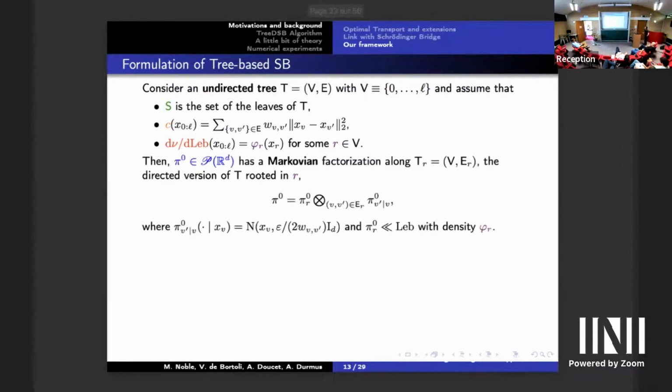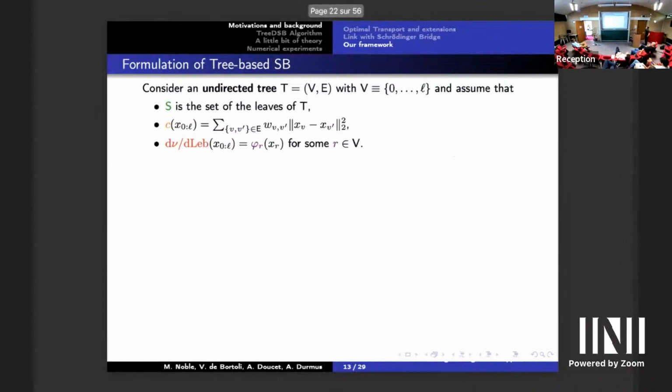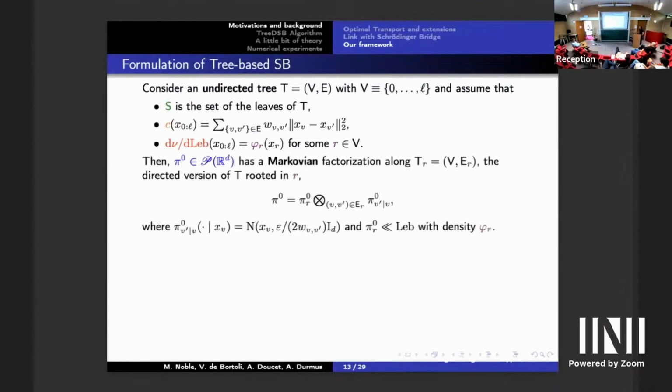Right. And if you see, what you have here is your quadratic cost, and you have a conditional distribution given by the edges of the tree, which start at the node R. These are really the variance given by the coefficient, and you have your quadratic cost, which gives you the Gaussian distribution.